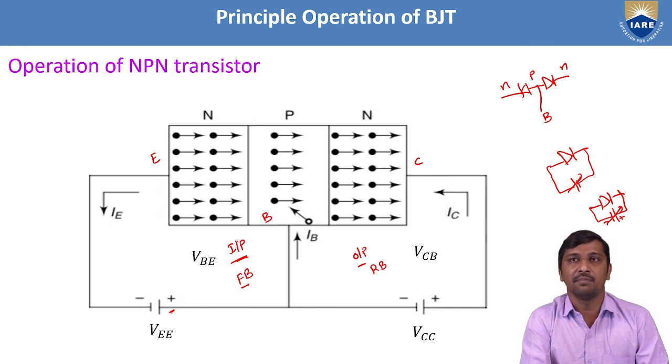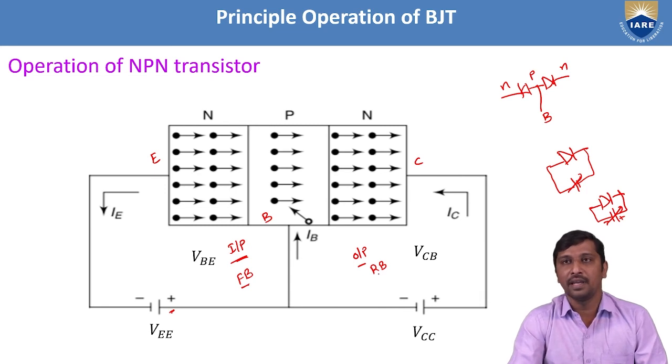With respect to this biasing, the input side acts as forward biased, hence it offers a very low resistance across the input side.